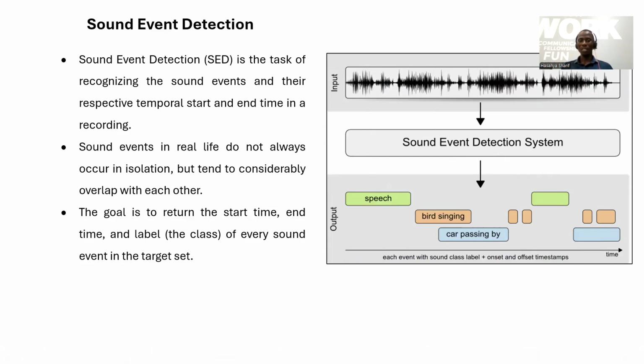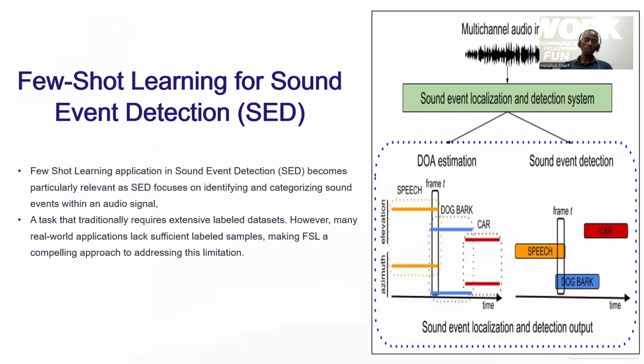Remember in real life, sounds do not always occur in isolation, and they tend to overlap each other. That's why you hear people talking, then you're also hearing birds singing, cars passing by. So all sorts of that represent sound in real life.